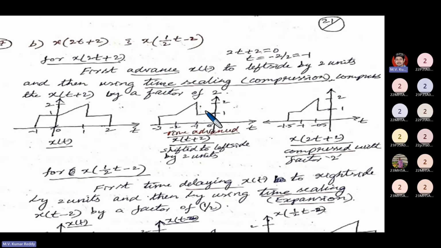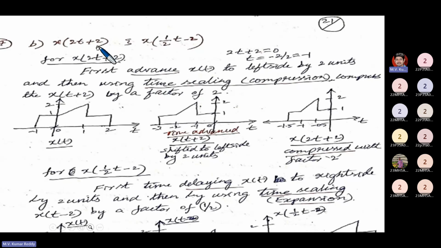The concept: whenever we have only values like t+2, t-3, where there is no coefficient, we can equate to 0. Here there is a coefficient, so first we have to solve the rightmost value. The rightmost value is +2. Equating, 2t + 2 is equal to 0, 2t is equal to -2.